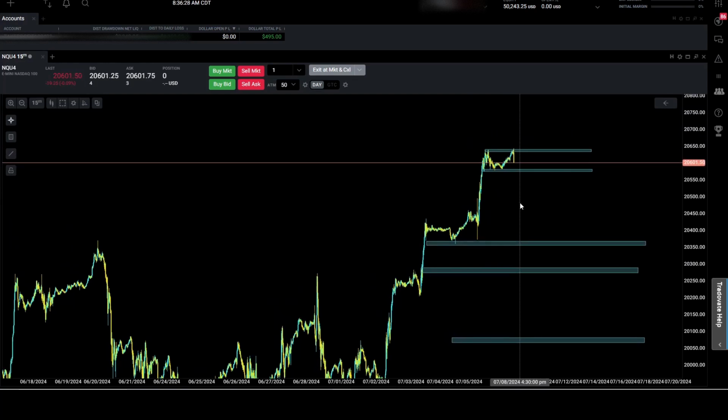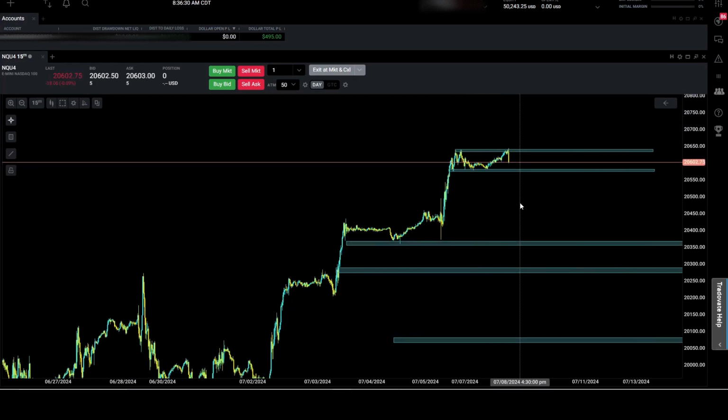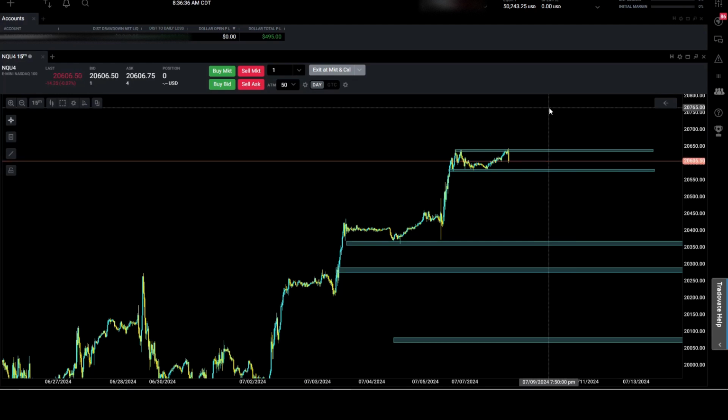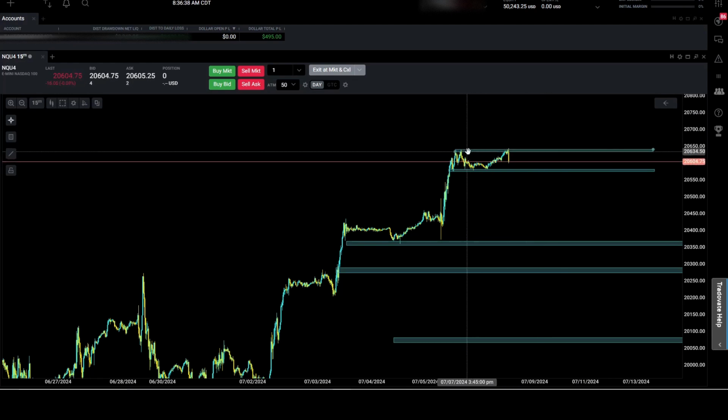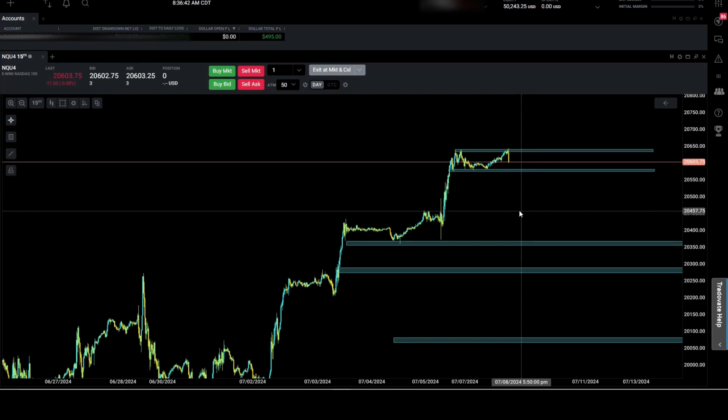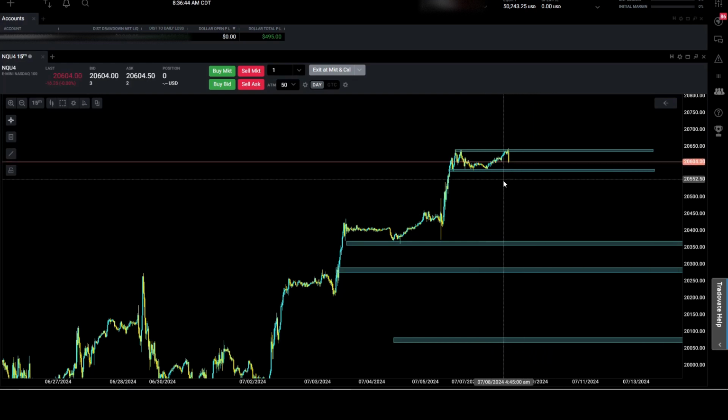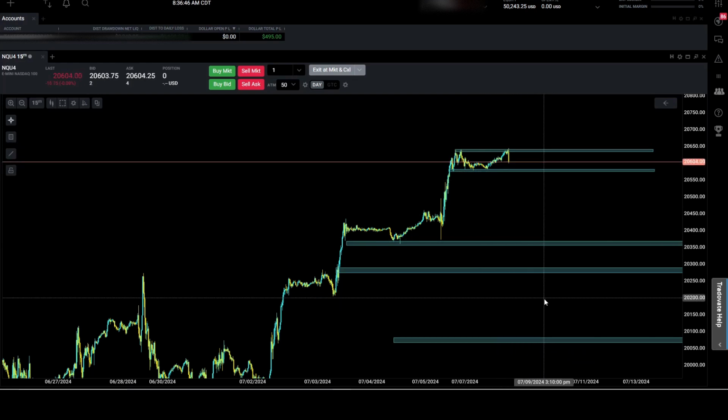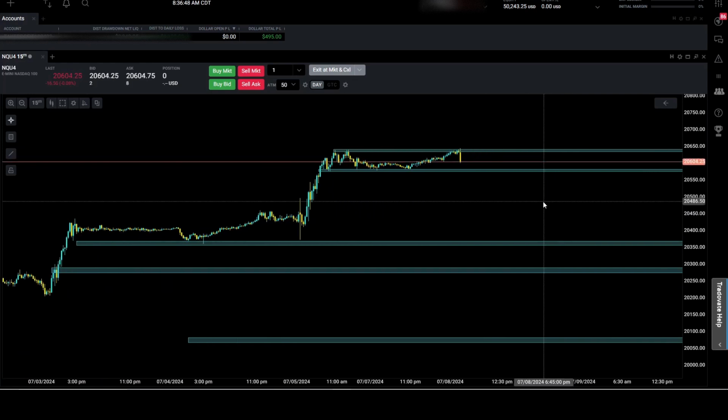I like to keep it fairly clean and simple. Right now we're at all-time highs, so I couldn't really do many resistance zones besides the overnight high. Generally, I'll just like to look at where price is now, do 2 zones above, 2 zones below. Keep it simple.